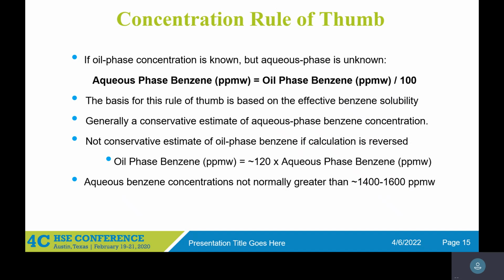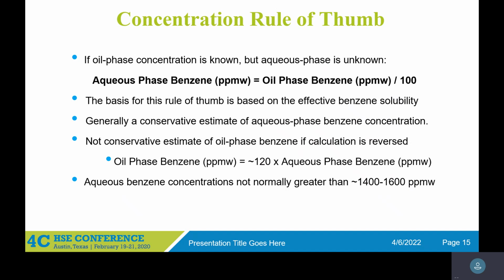So let's say, okay, well, the desalter, this is most of the water, but some specific vessel and you got 2000 ppm, okay? That's oil. And they will allow you to divide that by 100 to say, hey, 20 would be your water concentration, and then figure out the percentage.